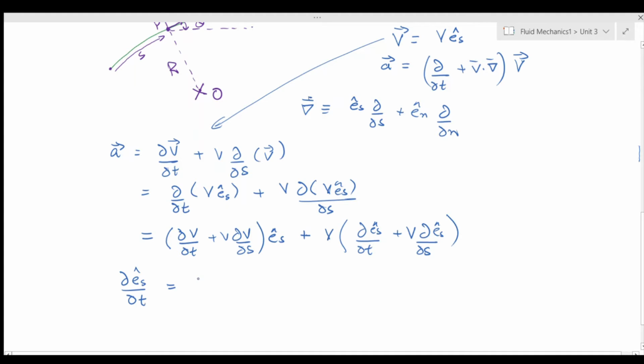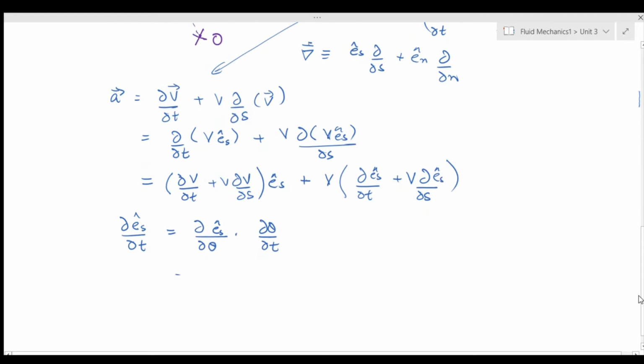This can be written as del Es by del theta multiplied by del theta by del T, differentiation by parts. Now del Es by del theta, if you would go to your first year mechanics book, you would see there that del Es by del theta is given as En. And where does it come from?